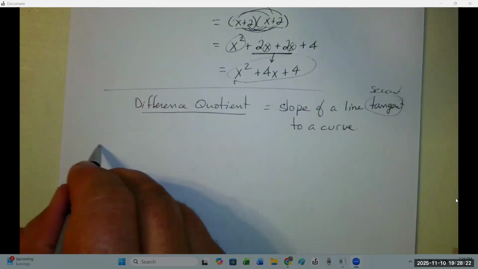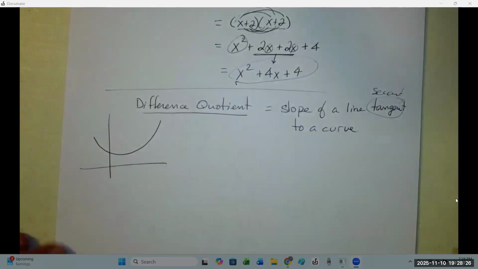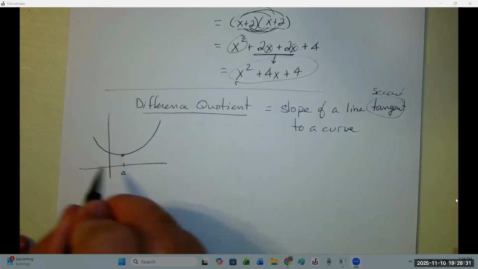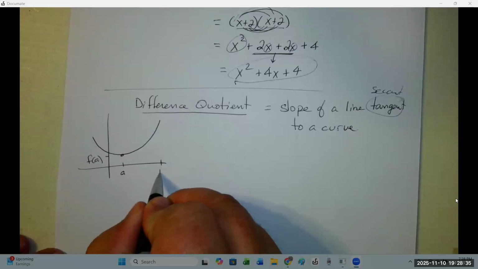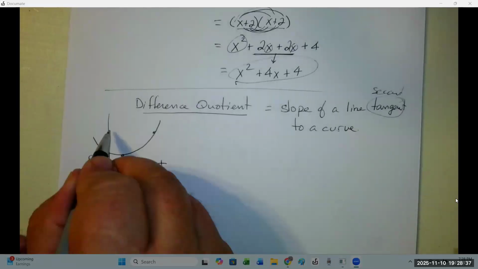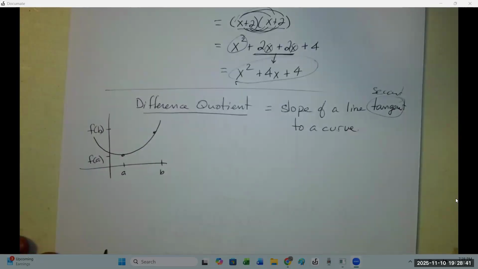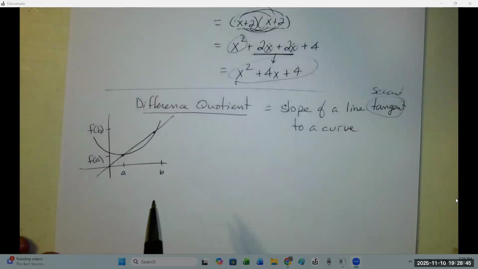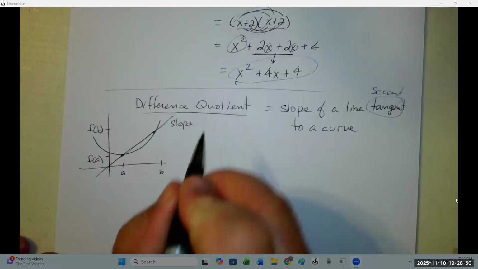What does that mean? If you have a curve and you have 2 points, this is 1 point, and here's another point. If you connect those 2 dots, we could find the slope of that line.